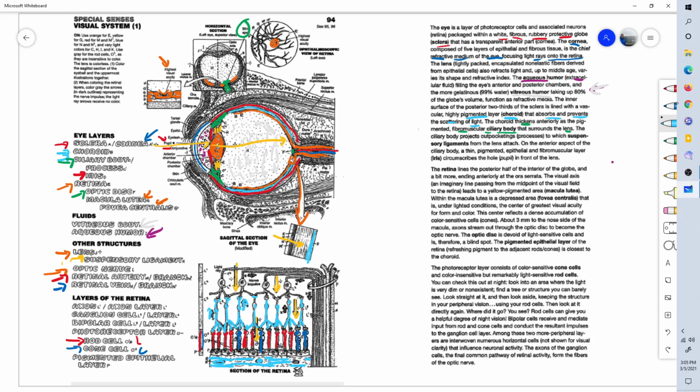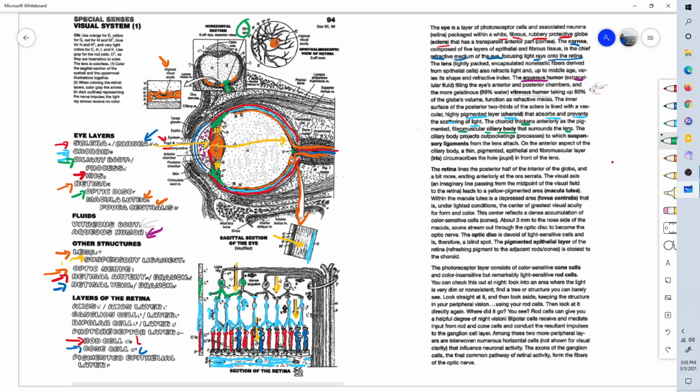Now they in turn synapse, and that is your bipolar cell layer. And they in turn synapse with these axons of the neurons, the optic neurons. So this is what they call the ganglion layer here.